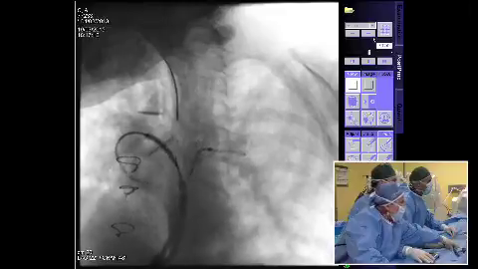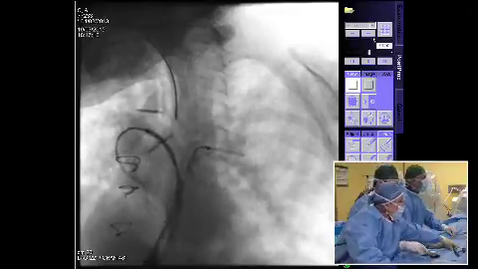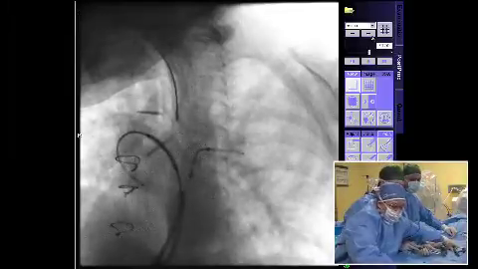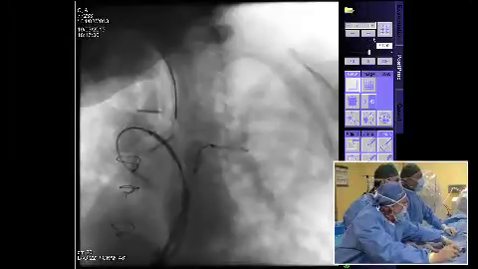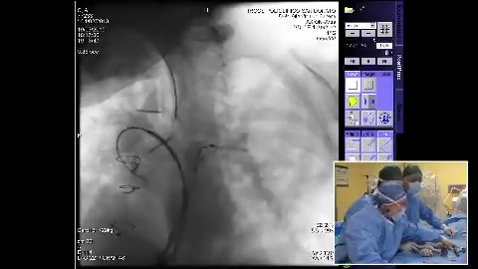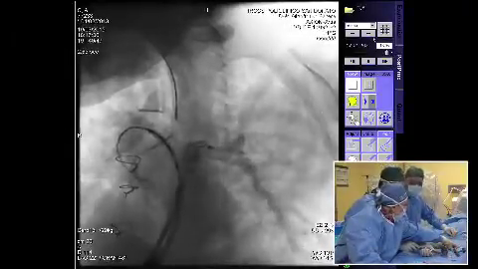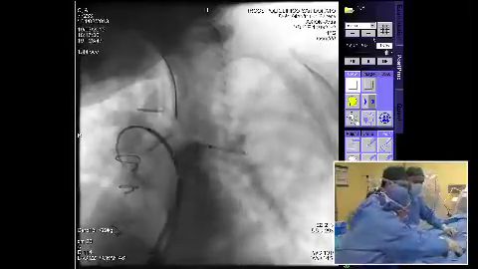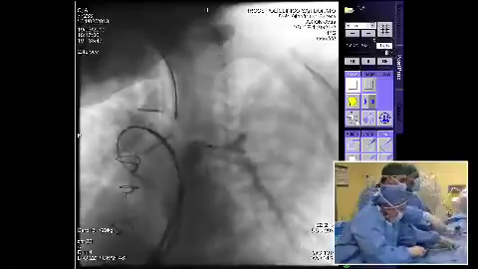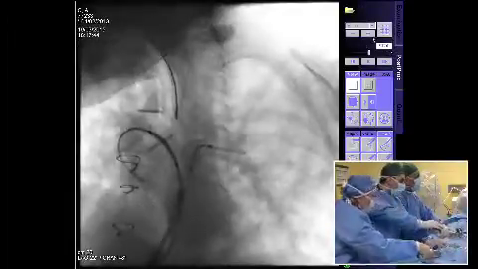Okay, I would do like this, I think. What do you think? Another test angio here. Okay, it looks nice to me. We need to inflate both balloons. Okay, so please start together.